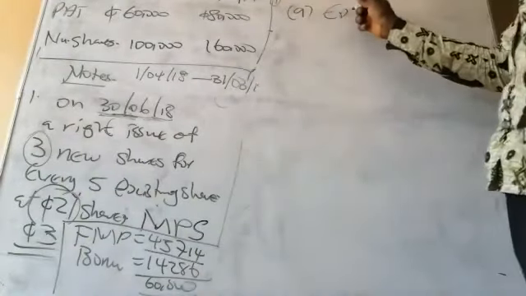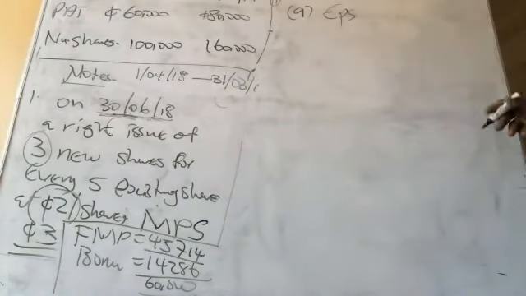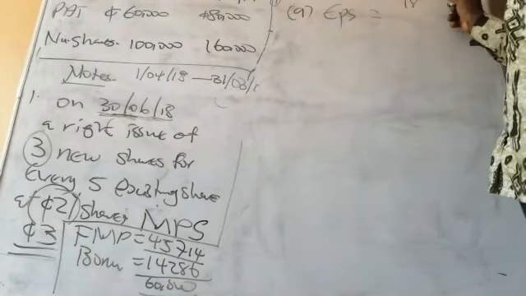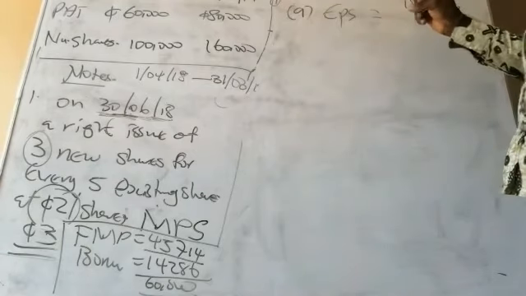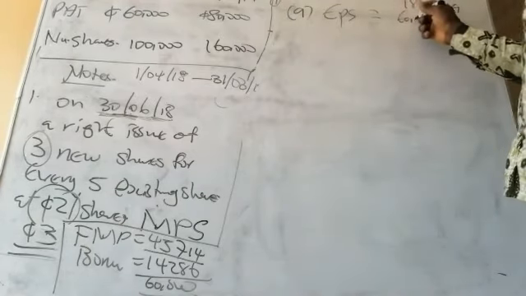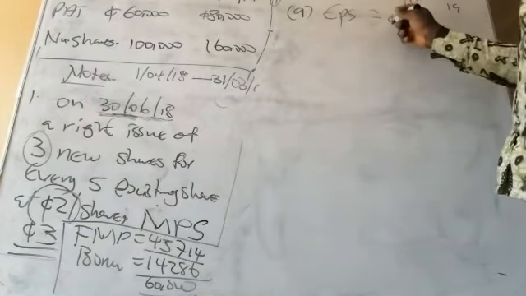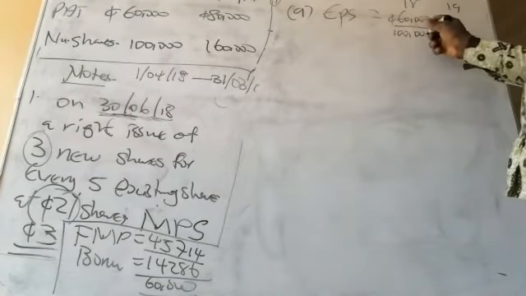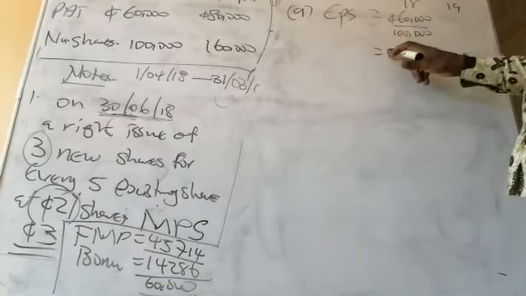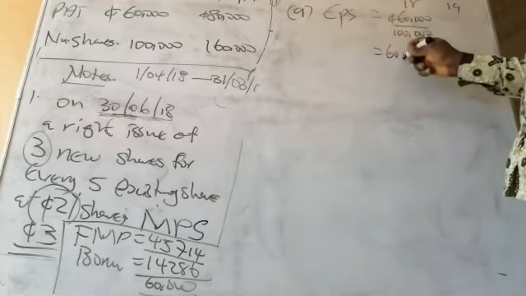So as usual, earnings per share. I want to calculate for 2018 and 2019. So 2018 profit after tax was 60,000 divided by 100,000. You get 0.60, or 60 pesewas. We are done.